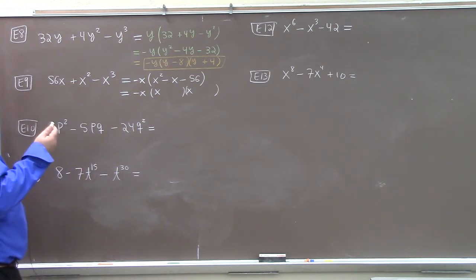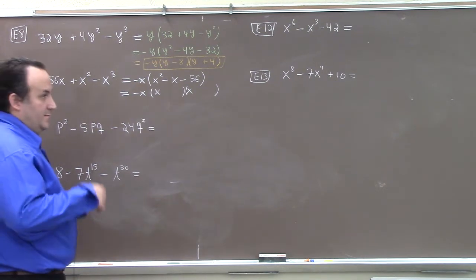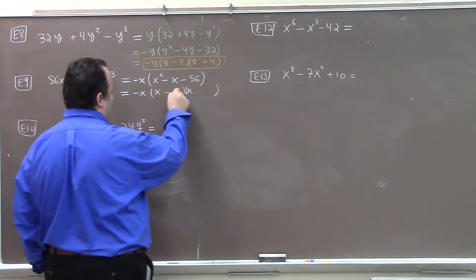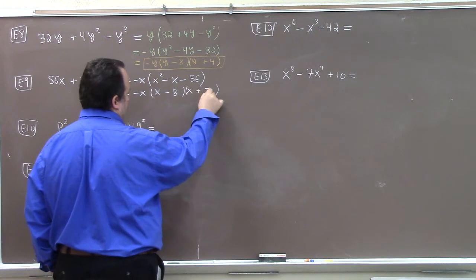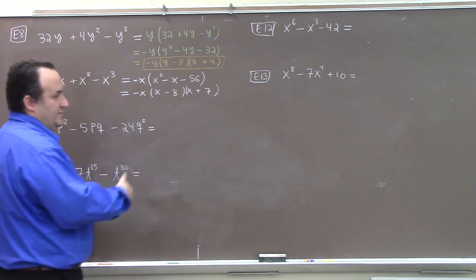It's 2 times 28. It's 8 and 7. Ooh, those differ by 1. I like that. And we want the bigger one to win, right? Because we've got a minus x, so we should do minus 8 plus 7, right? And then we get minus 8x plus 7. There we go.